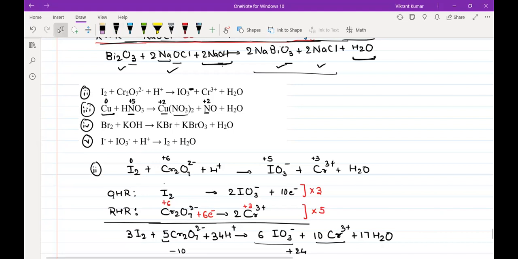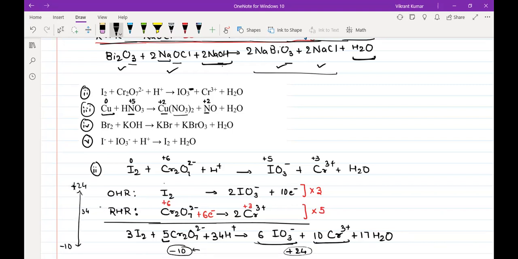Can you explain the 34H plus part again, please? Okay, the left side charge before adding H plus was minus 10, 5 ions with minus 2 charge each. So total charge was minus 10. Yes, sir. And on the right side we have minus 6 plus 30, that is plus 24 total charge. The gap is 34, not 14.